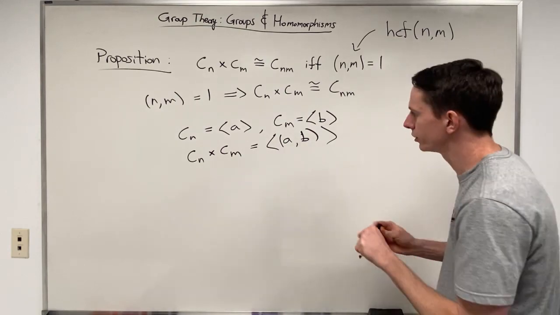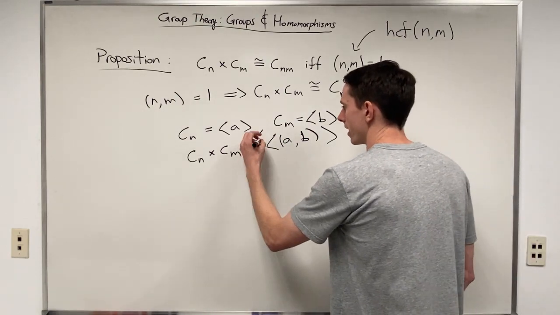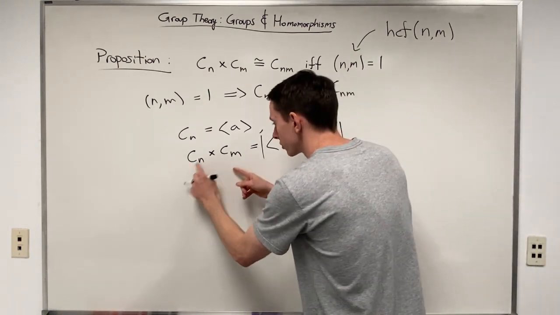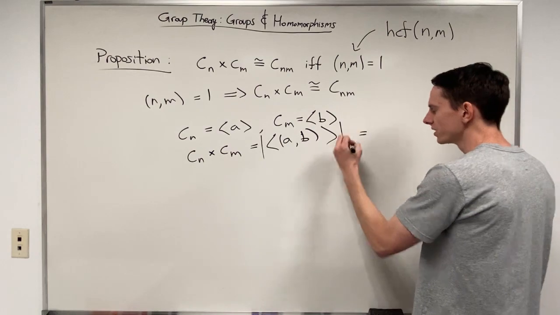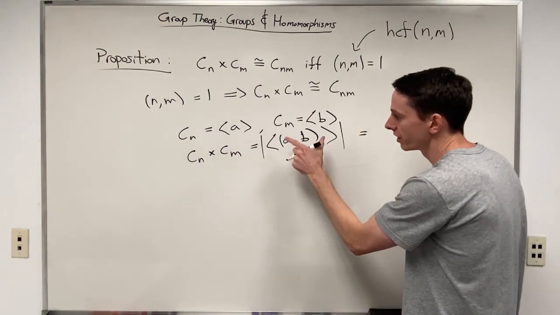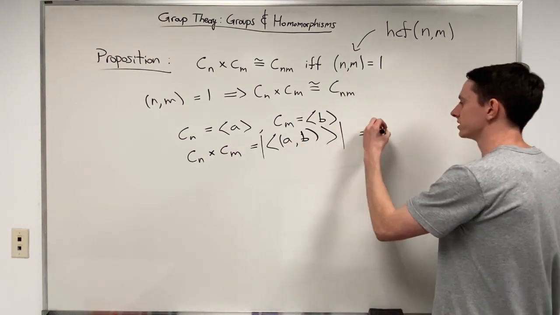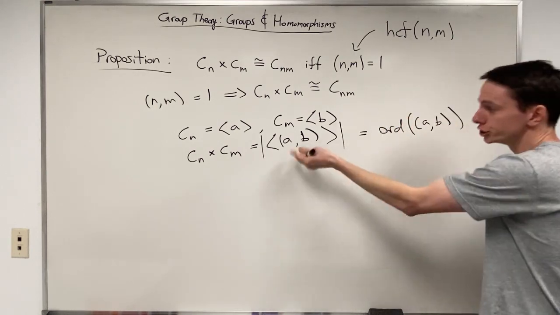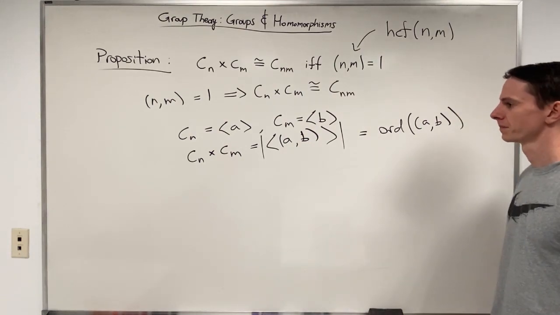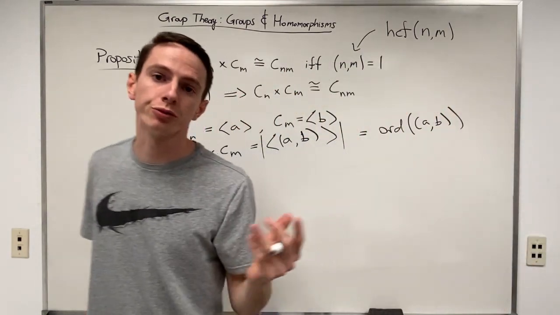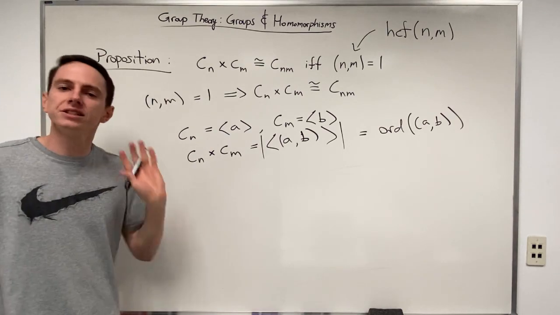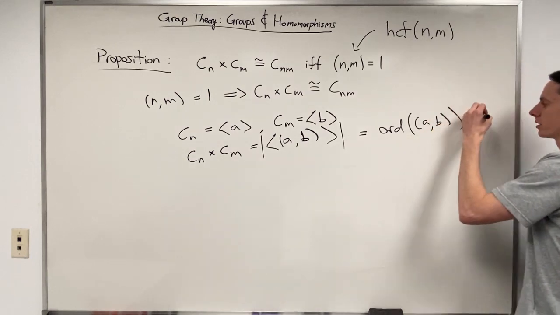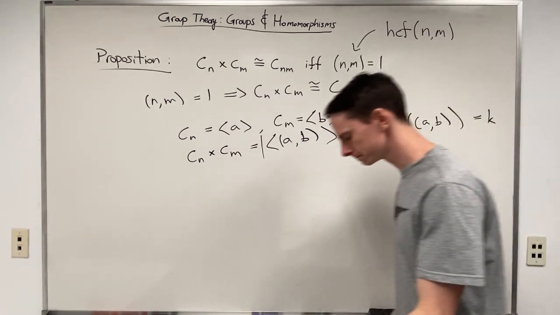If you remember in the last video, we showed that the order of this group right here, in other words, the order of Cn cross Cm, is the same thing as the order of the element which generates this cyclic group. This is kind of the main proposition that we proved in the last video. And let's just give this thing a name. Let's call this K. We can call it whatever we want, but let's just give it a letter, K.